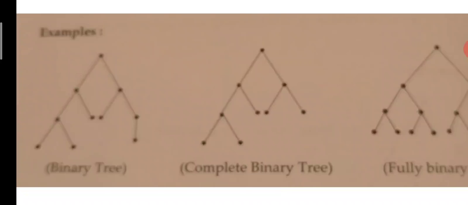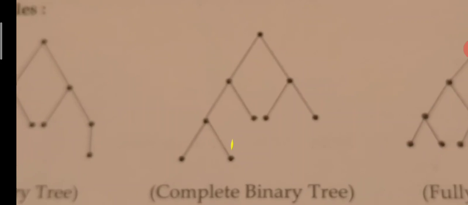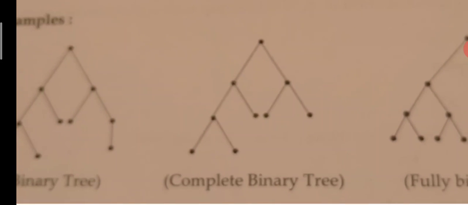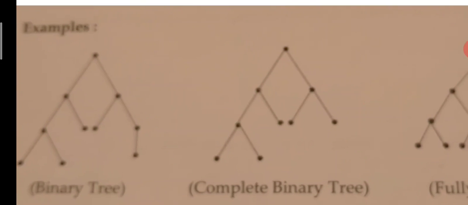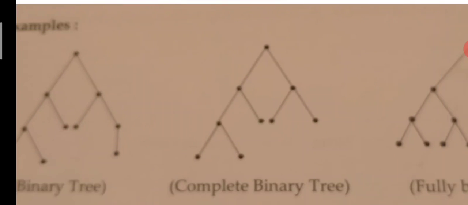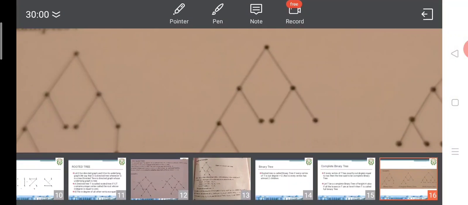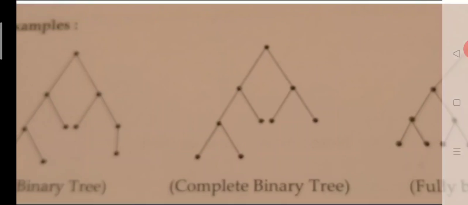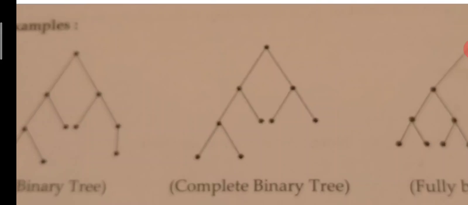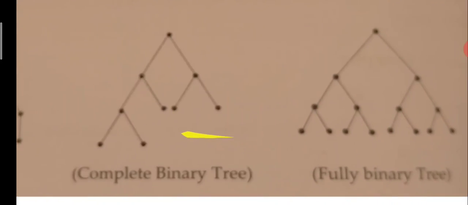Every vertex's degree is less than or equal to 2, so it is a binary tree. If you observe the second one, the complete binary tree, every vertex's degree is equal to 2. No one has degree 1. The inner nodes, not the leaves, all have degree 2. Then it is called a complete binary tree.